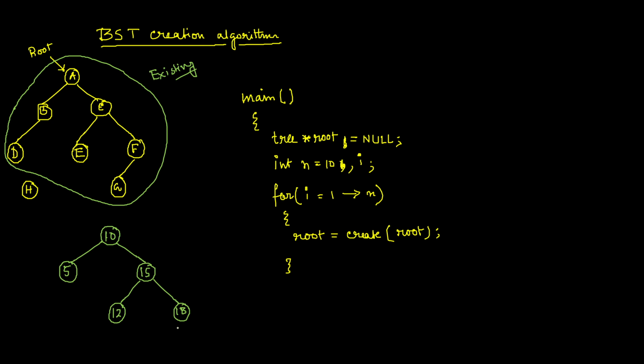Then on this side, suppose 17, and on this side we have 2, and maybe this is 4. So you see, by structure they are the same.